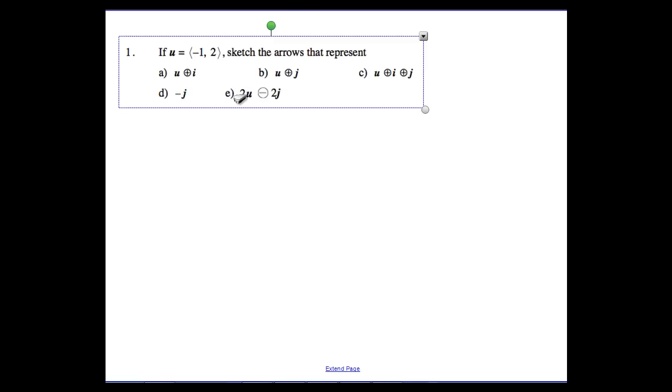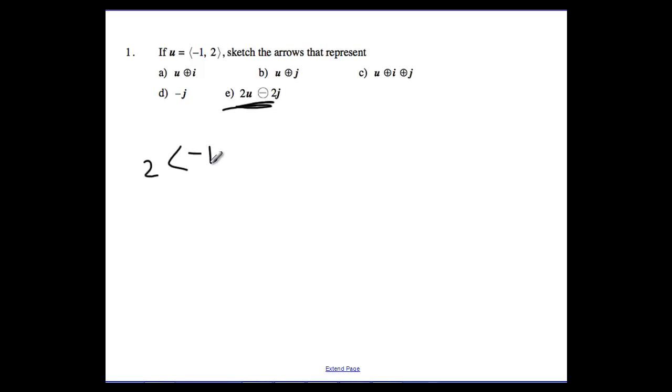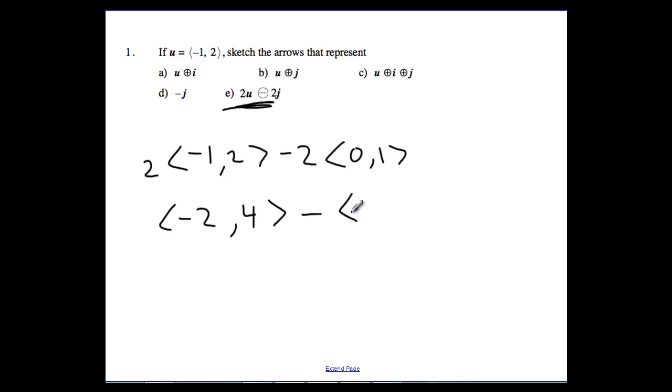And last but not least, if we do E, it's 2u minus 2j, so 2 times negative 1 comma 2 minus 2 times j, so 0 comma 1. So when we do this work, we get negative 2 comma 4, and then minus, distributing that in, 0 comma 2.